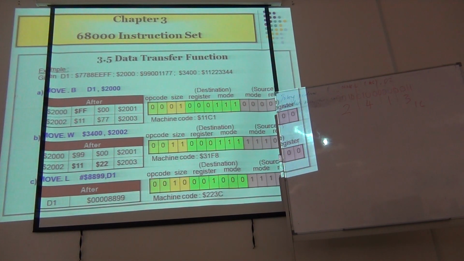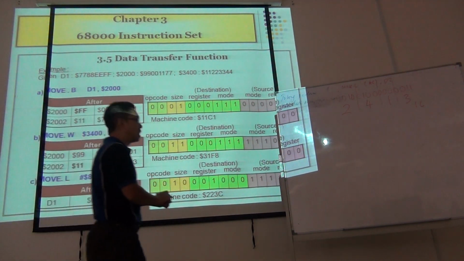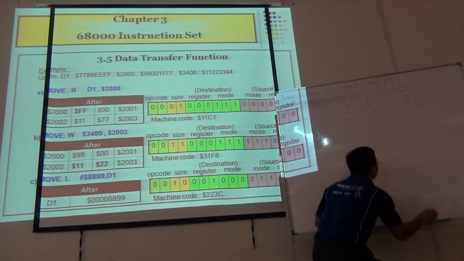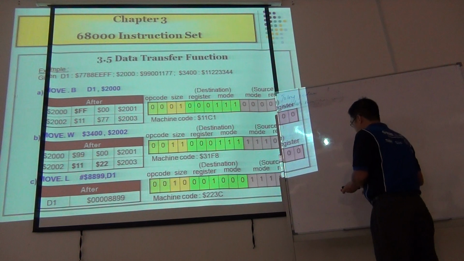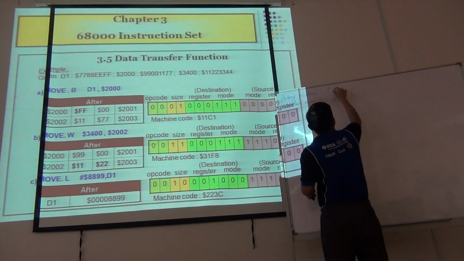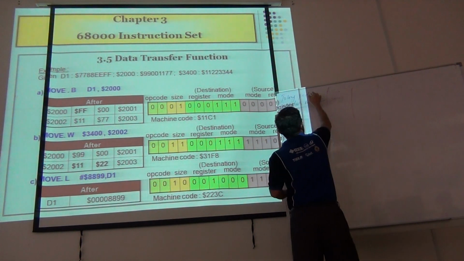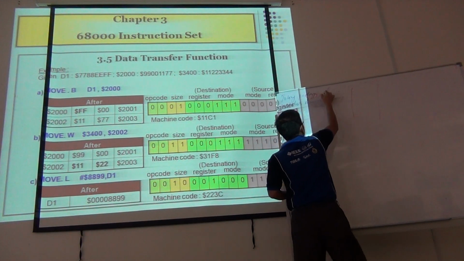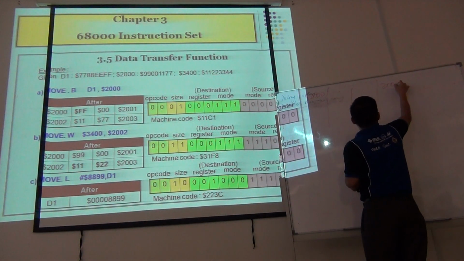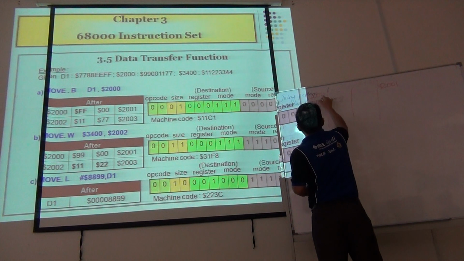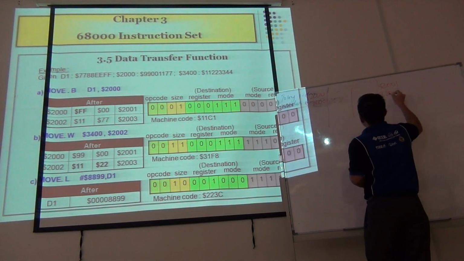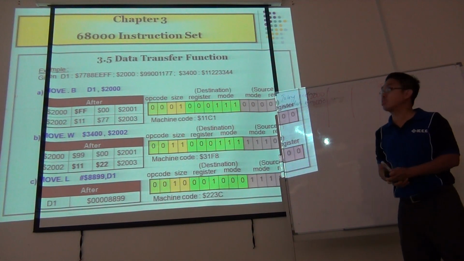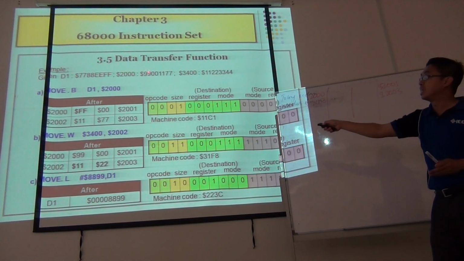So you can draw it. At the 2000 location, this is 2000, 2001, 2002, and 2003. You can start to fill up based on this value.